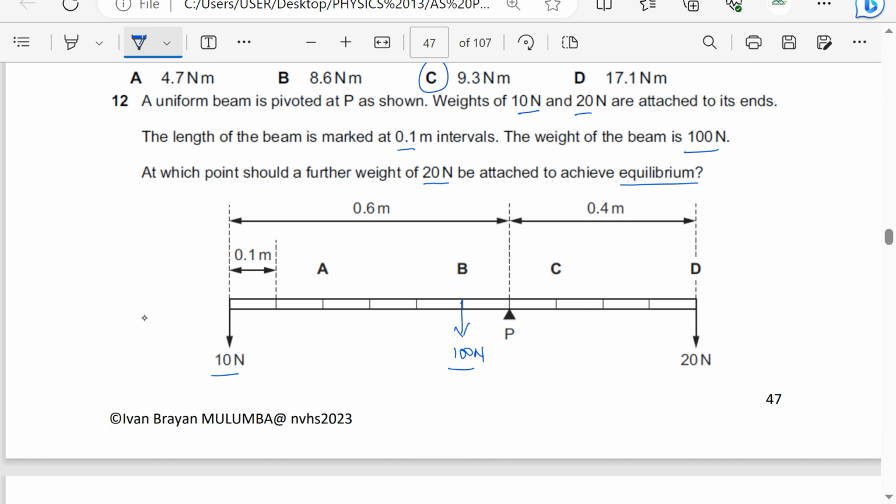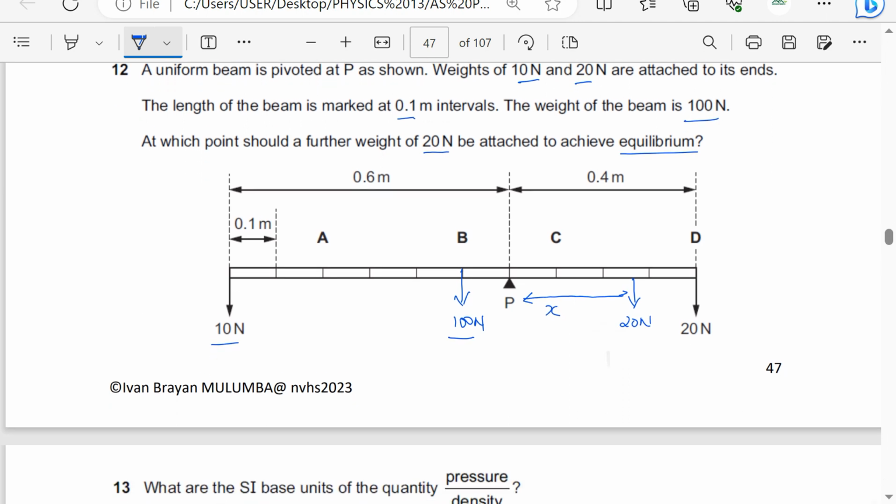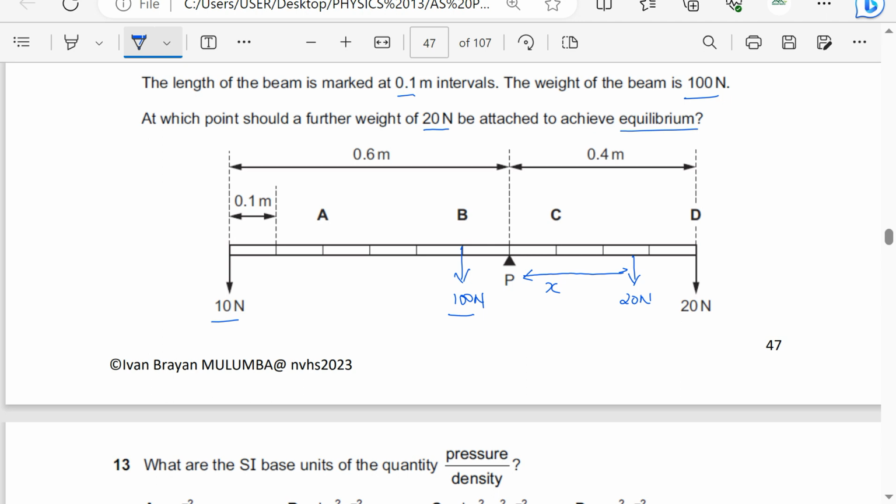So let me just randomly say it is placed here, and let this distance from the pivot be x. And this weight is 20 newtons. So I want the distance x from the pivot. Should it be at A, B, C, or D?